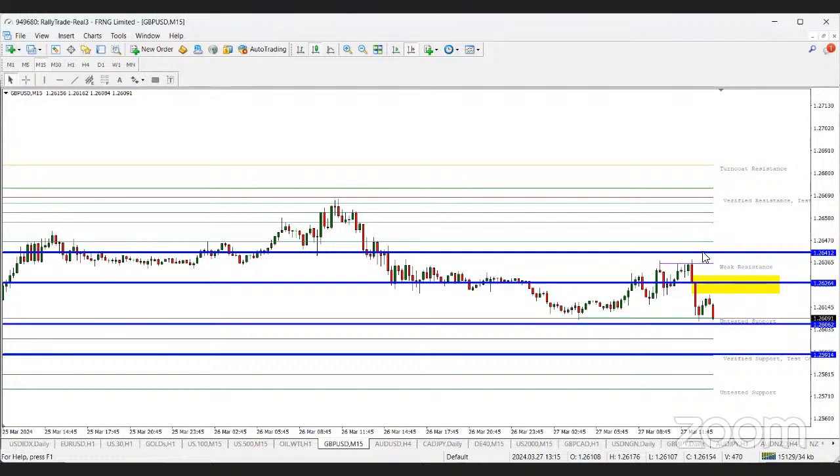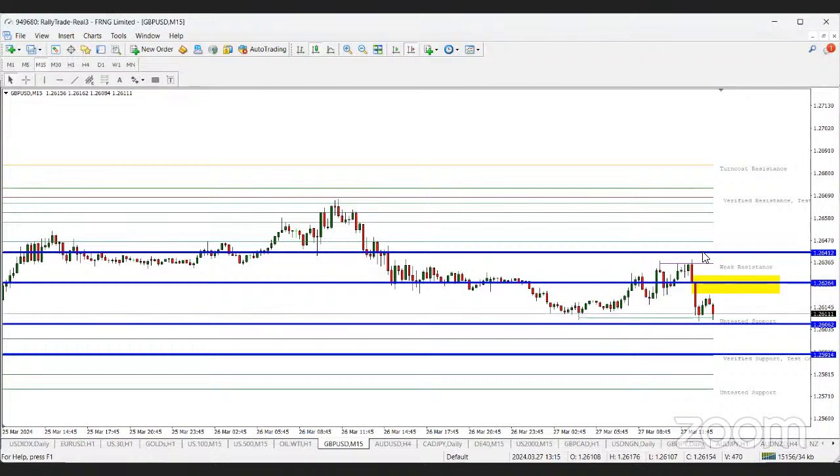Once price closes below 1.26060, then I can sell further to around 1.25910.